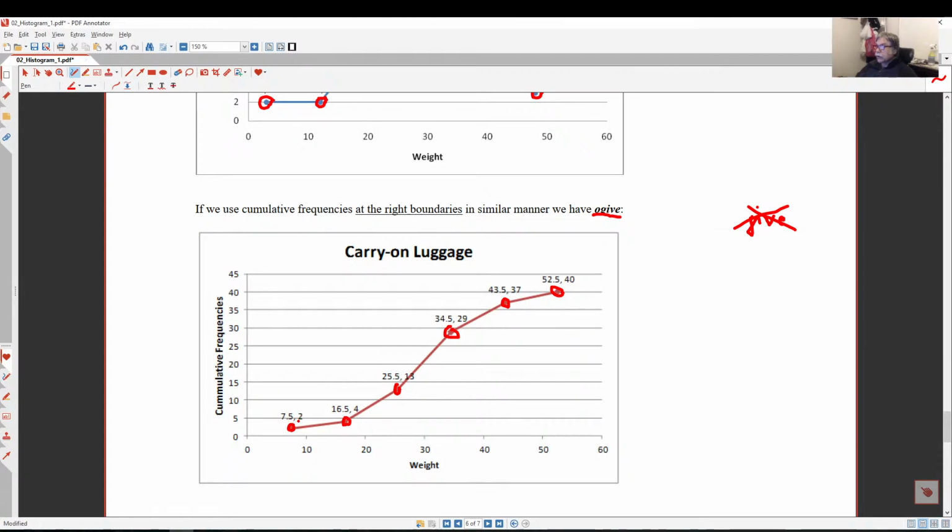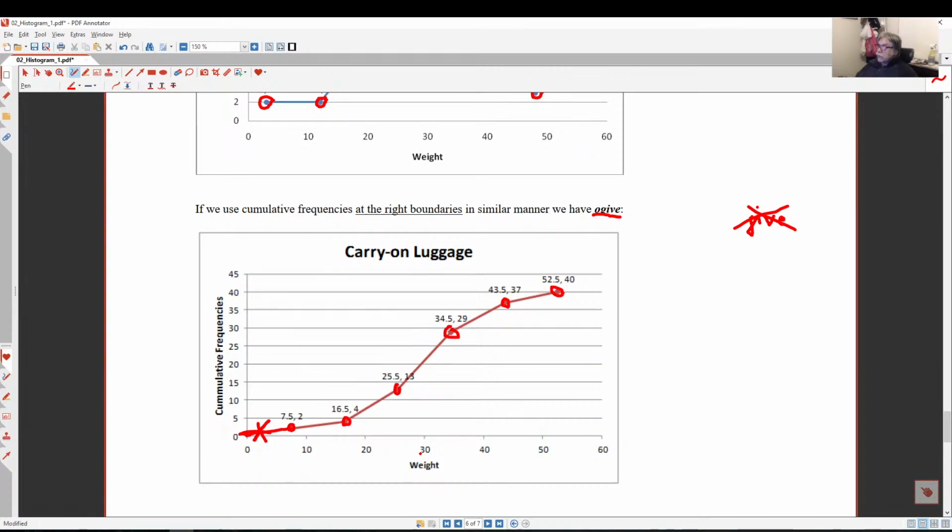The second coordinate is cumulative frequency. Then once you find all of those points, you connect them with line segments. It's also often done that it is connected to the 0 at the left boundary of the first class, which will be, in my case, negative 1.5. I'm not going to do that.